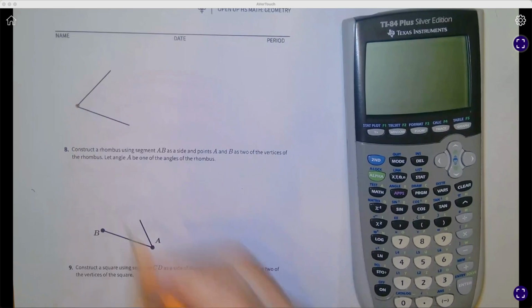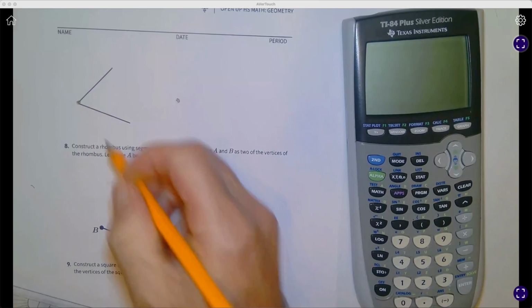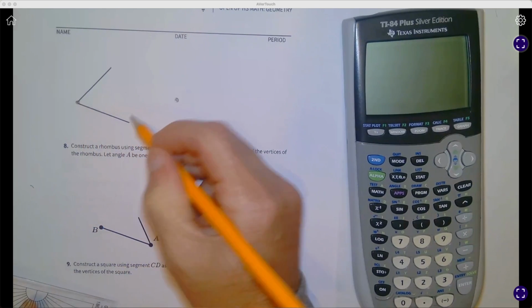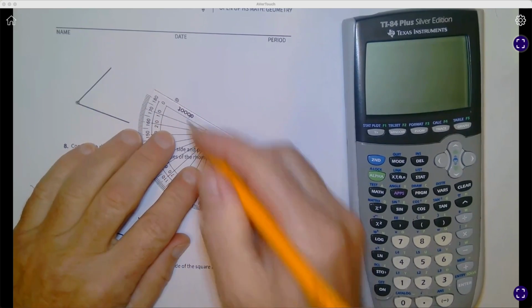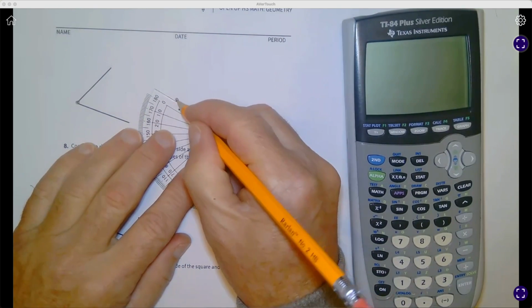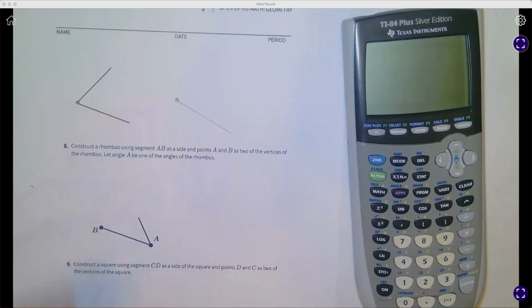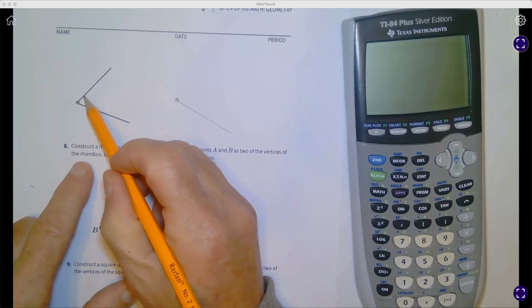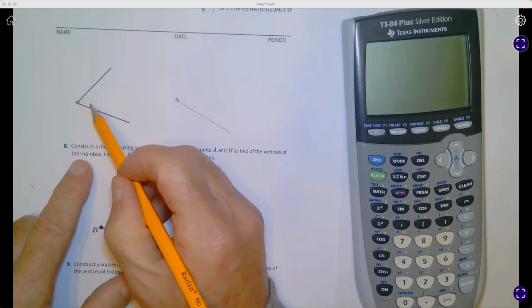I'm going to create that point, and then create this line segment. The length of the line segment doesn't matter because remember, what I'm trying to do is recreate the angle. And this is the angle right here.